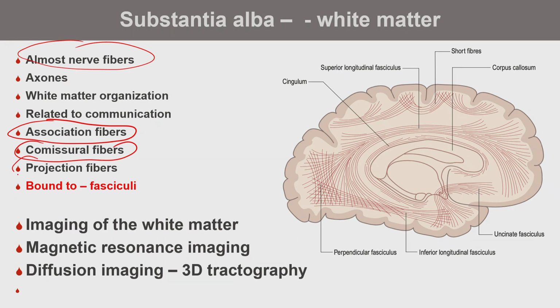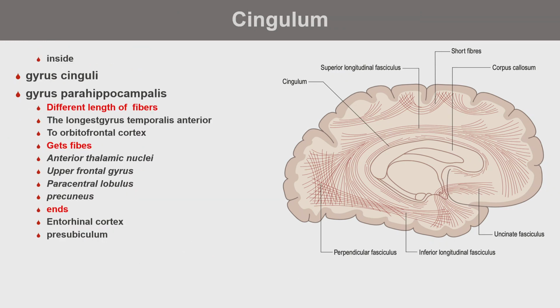And then we have projection fibers. Projection fibers means that they are connections from the telencephalon to the brainstem to the spinal cord or vice versa. They are bound into thousands, millions of fibers, which are then called fasciculi.